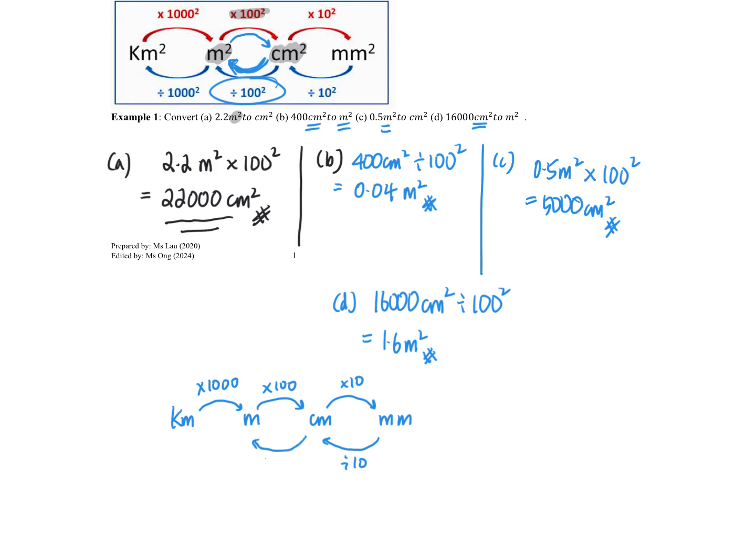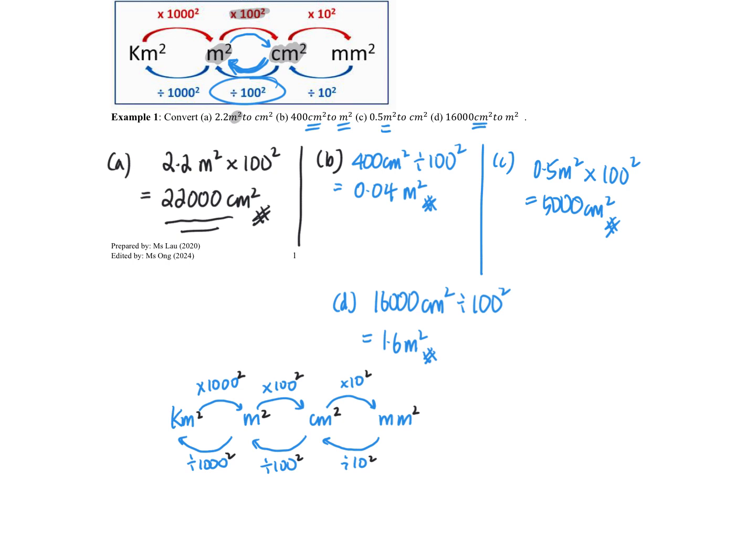So this one, once you memorize, is very powerful because what if we are talking about area? So we are talking about mm square change to cm square, change to meter square, change to kilometer square. You just do the same thing, but now it's with a square.